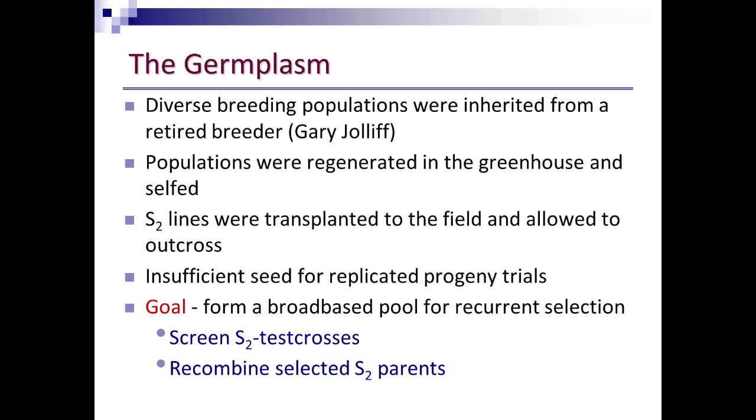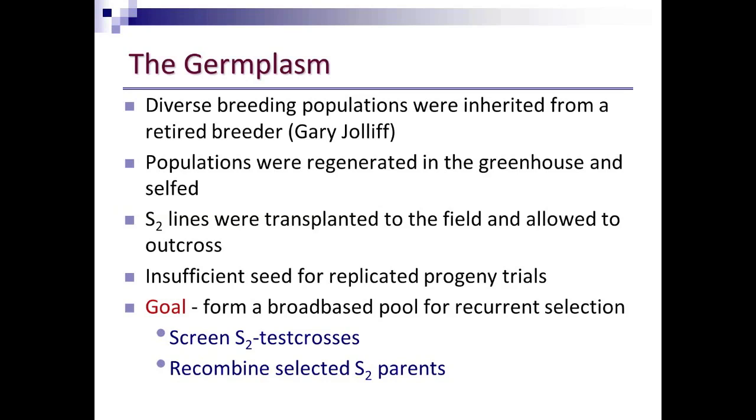The particular germplasm I was working with, this was in 2005, I had inherited some diverse breeding populations from a retired breeder. Those populations, we'd regenerated the seed in the greenhouse and selfed a large number of plants. After 2 generations, we had S2 lines, and we transplanted those lines to the field, and they were allowed to outcross.